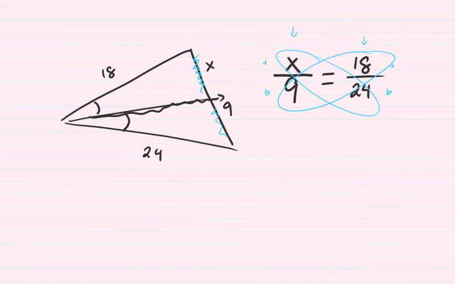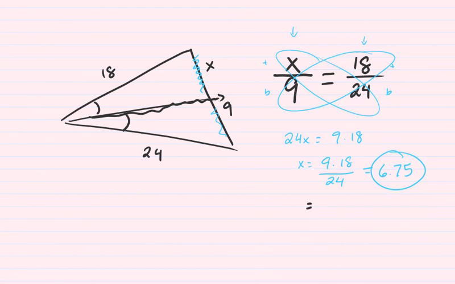I get 24x equals 9 times 18. And then I get x equals 9 times 18 divided by 24. And that comes out to a decimal, so 6.75. I still want to get my answers in fractions in order to make Miss Hlebiczki happy. So let's see if I can just factor some stuff out.